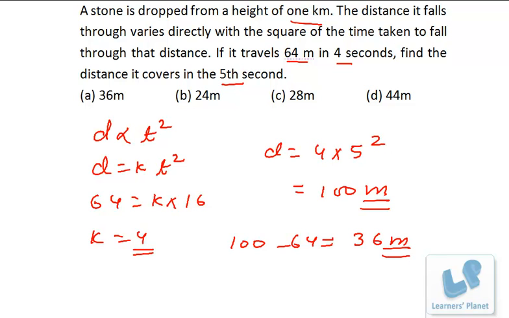I hope you are clear. So it will be 36 meters. Friends, we should be very clear that we have been asked about the distance covered in the fifth second, not the distance covered till the fifth second. So we just have to find out the distance up to the fifth second, then subtract the distance covered till the fourth second. I hope you are clear.